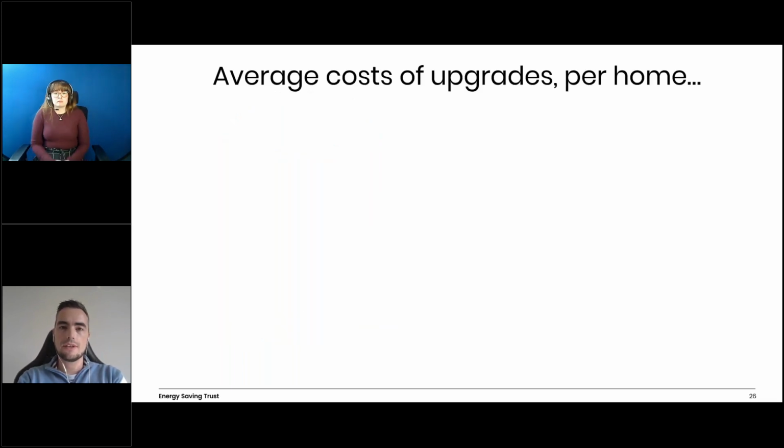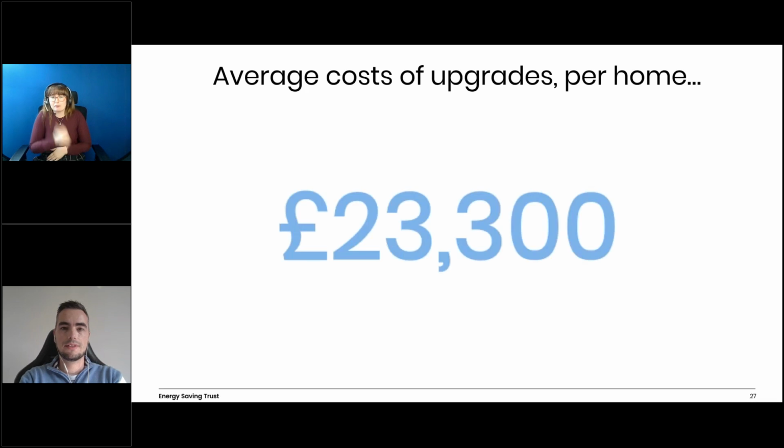Before I do that, there's just a quick mental game to play here. We did another project recently where the average cost of upgrades of homes to get from below a C to a C was a certain figure. I'll give you a couple of seconds to have a guess at what that might be. Yeah, if you can move on, Nora, please. It was £23,300.